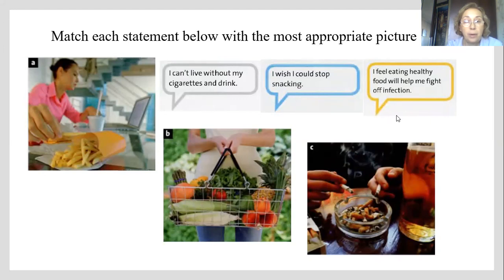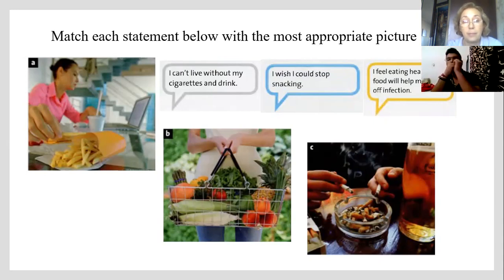And the next statement, Misha, please. I feel eating healthy food will help me fight off infection. It goes to picture B because we can see all the fruits and vegetables, and that helps us to stay healthy. Exactly. Okay.